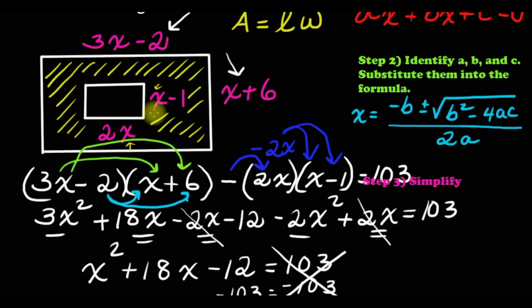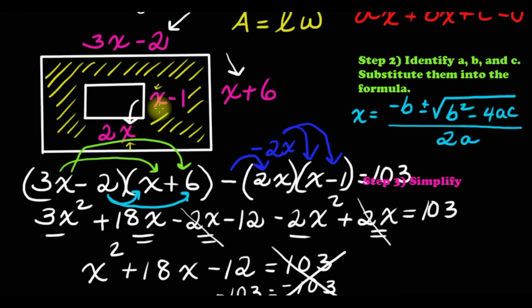So we're looking for the dimensions of the inside rectangle. And I said that in order to find the dimensions of the inside rectangle, we need to know what x is, right? So we can plug it back in here. If you have x, you can plug it in there, and then you take 2 times x to get the length.